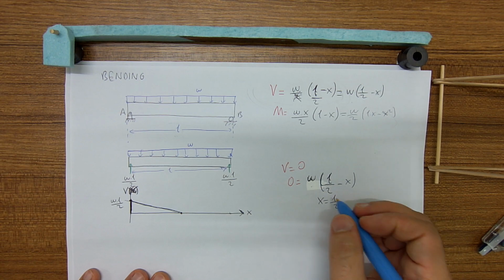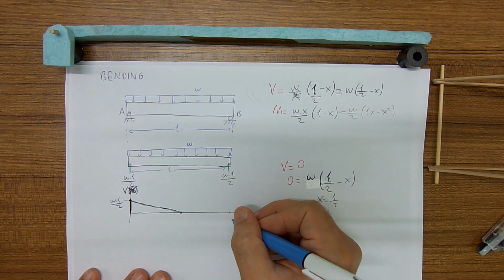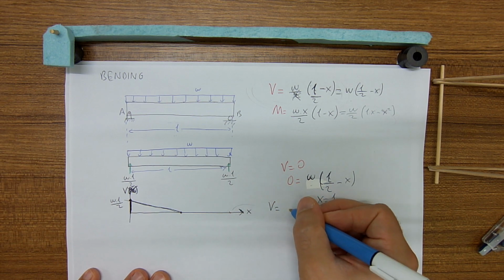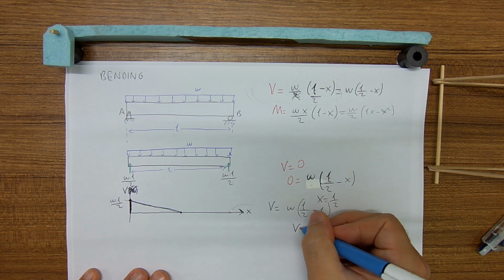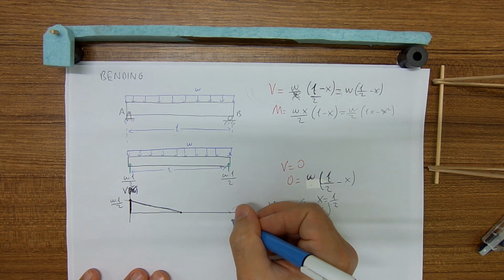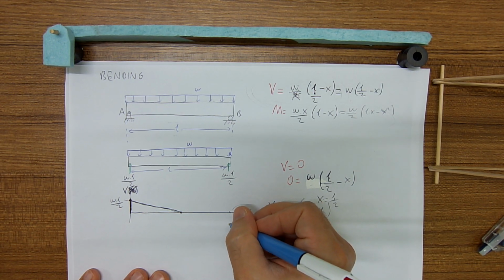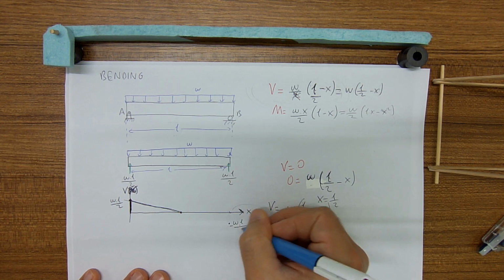By just substituting x with L, we obtain the value. So V here is equal to W times (L over 2 minus L). That means V is equal to minus W L over 2. So at this point it is minus W L over 2.